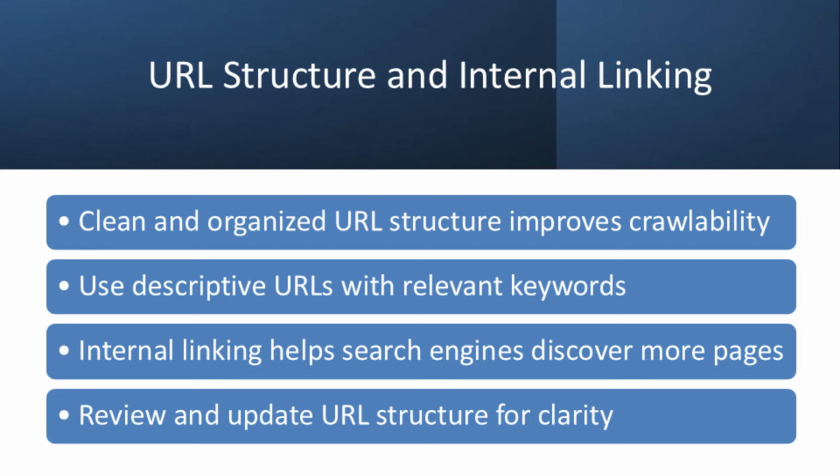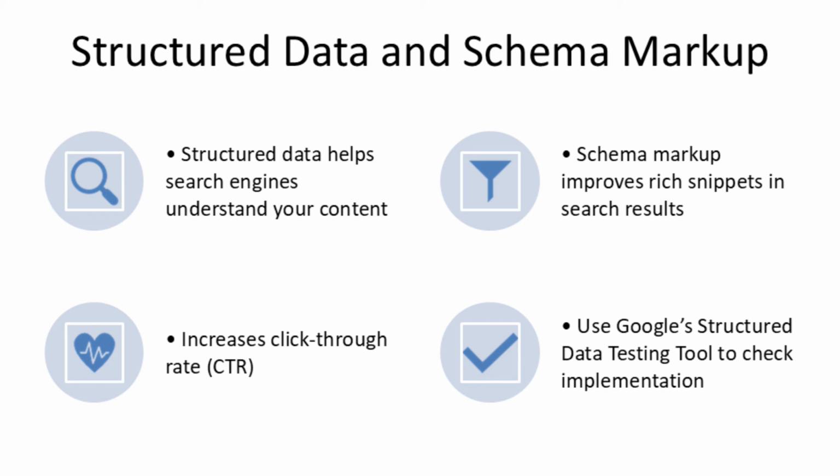Next point is structured data and schema markup. See, structured data helps search engines understand the content on your page more effectively. So, by using schema markup, you can add specific tags to your website's content, which help search engines display rich snippets in search results.